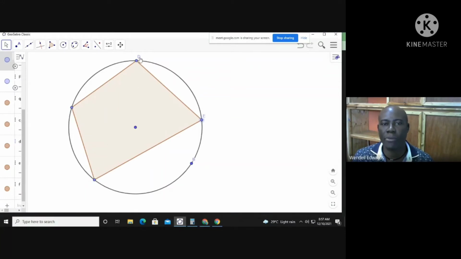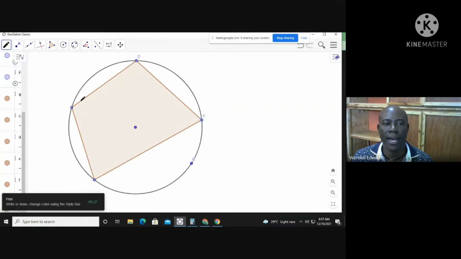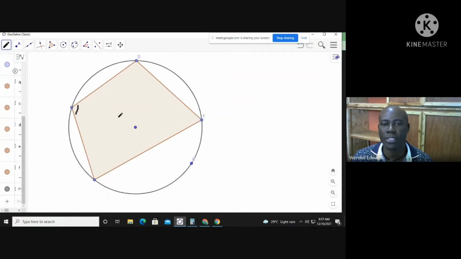And this is a principle that we'll use a lot. Opposite angles will add to give 180 degrees. We'll have an angle here, which is opposite to the angle here, and this angle here is opposite to the angle here. That's what we mean when we speak of opposite angles.